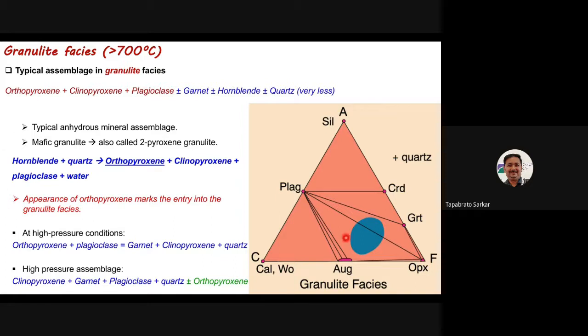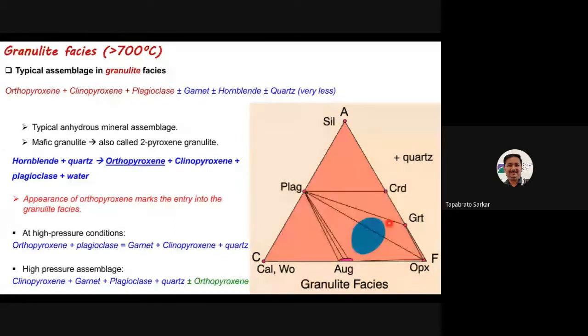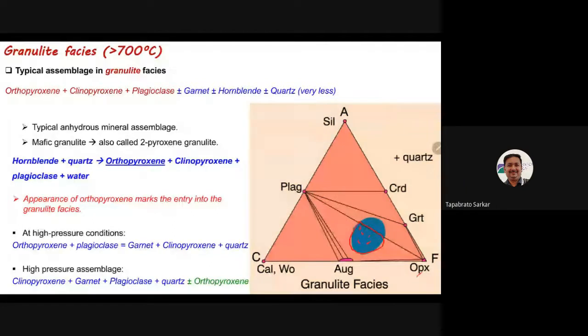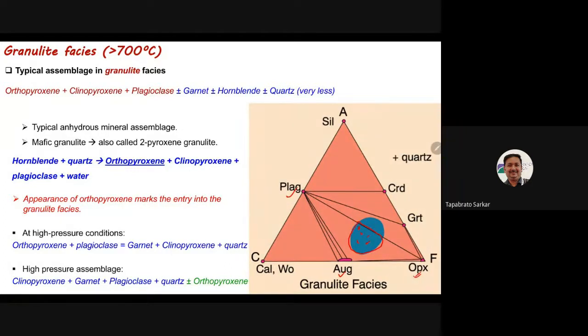We have clinopyroxene, plagioclase, garnet, orthopyroxene. Now what you see is that depending on the bulk composition, you can have slightly different compositions. The majority of the bulk lies in here. If you have anything in this region, then you have OPX, CPX, which is augite, orthopyroxene, and plagioclase, which are stable.